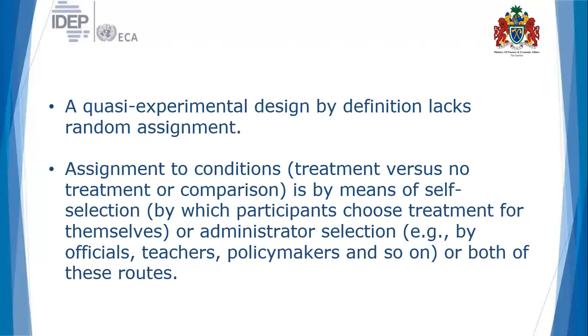So assignment to conditions, that is treatment versus no treatment or comparison group, is by means of self-selection, by which participants choose treatment for themselves, or administrator selection, where officials or teachers or policymakers and whoever is involved can facilitate the assignment of elements to the treatment and the control group, or either of the two.